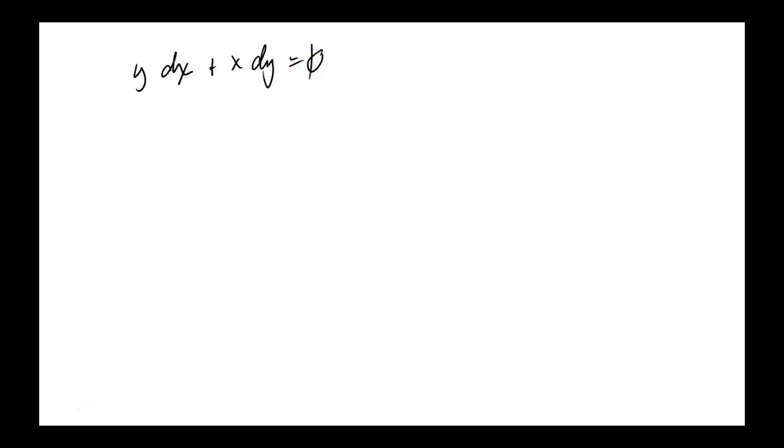We usually don't write them that way. What we normally would do with this is subtract the y dx from both sides, and you have x dy is equal to minus y dx.